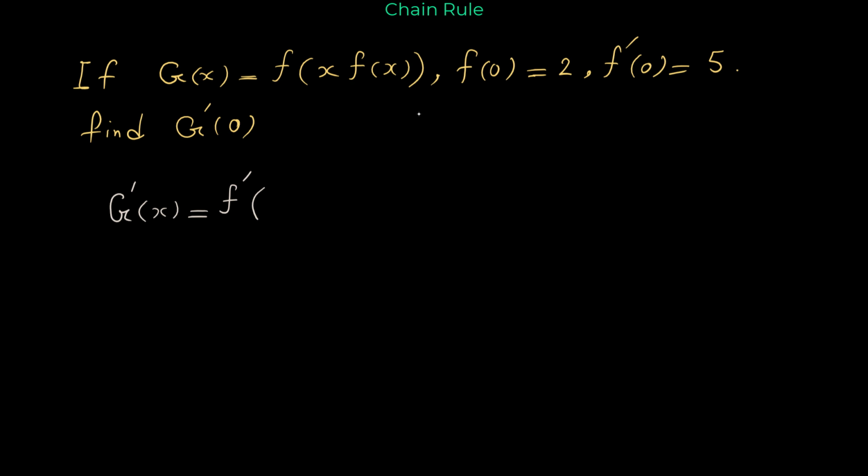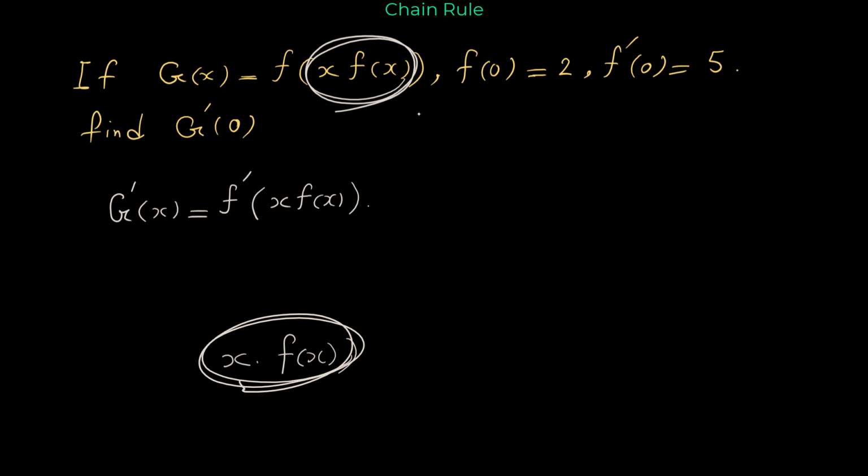Derivative of f is f prime, and leave the inside. But attention, for finding the derivative of the inside function, we have to use the product rule, because we have x times f of x inside the bracket. And when we have something like this, two functions multiplied by each other, we use the product rule.